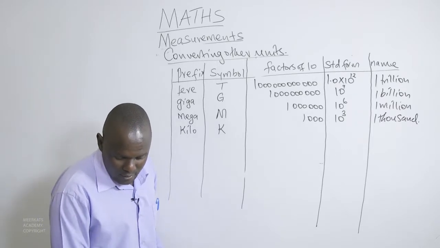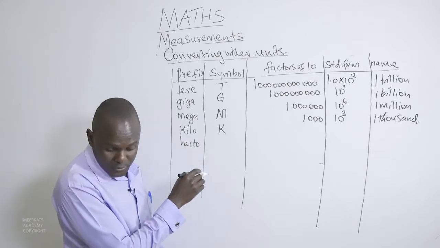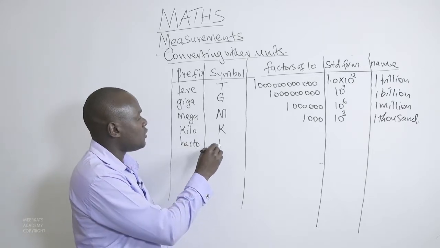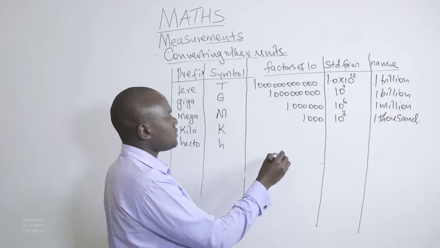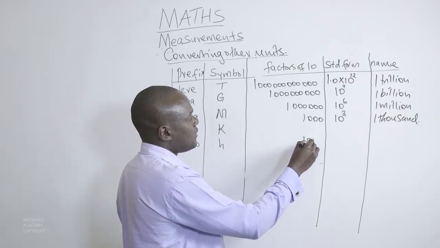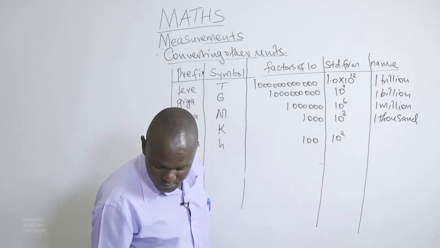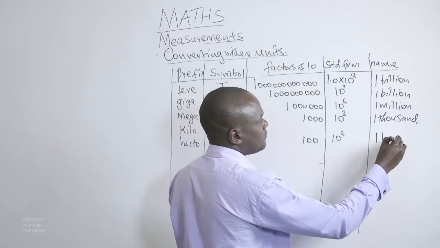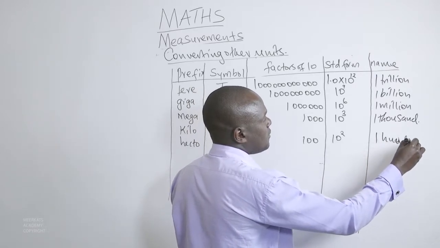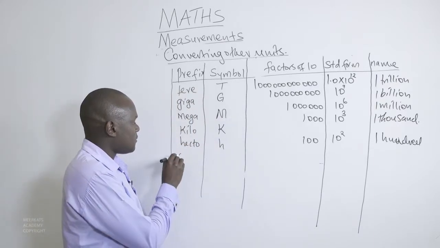And we also have a hecto. Hecto is symbolized by small letter h, which means 100, which is 10 raised to power 2, and this stands for 100. The next on the line is deca.